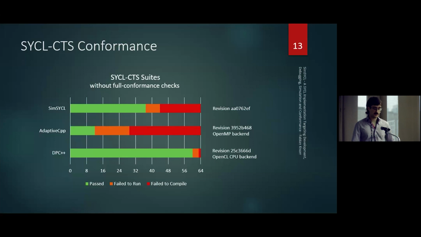Adaptive CPP, not so much, although Adaptive CPP, as far as I know, doesn't really focus on getting the CTS to pass. We can say that SimSYCL is on a good way to becoming a more or less fully conformant implementation, with the caveats that I already mentioned.